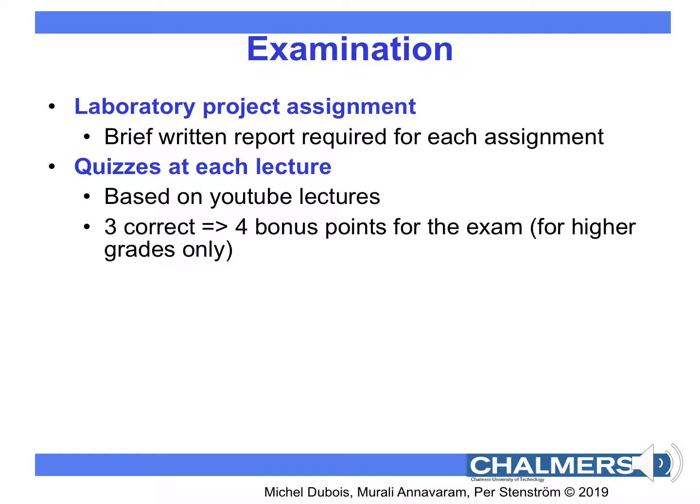So at the start of each lecture, I will have a quiz based on the YouTube lectures, and if you get 3 correct quizzes, you actually get approved on 3 quizzes. You will get 4 bonus points for the exam to use for getting higher grades only, not for passing the exam.